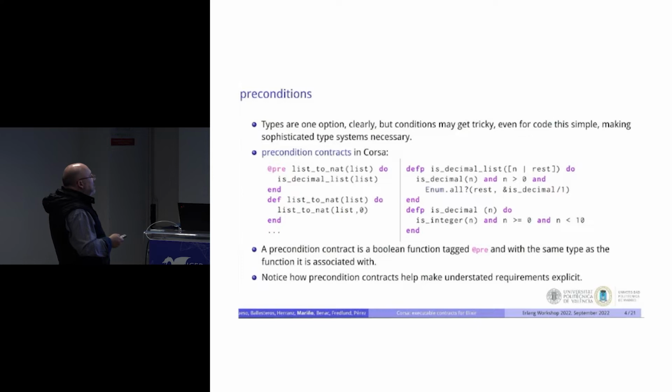We recognize that this is the precondition to this function because it has the same name. And in this case, we pass an argument. It doesn't have to be called with the same formal parameter. It means that the input to list2not has to be given to this Boolean function first. Otherwise, it will raise a contract exception.